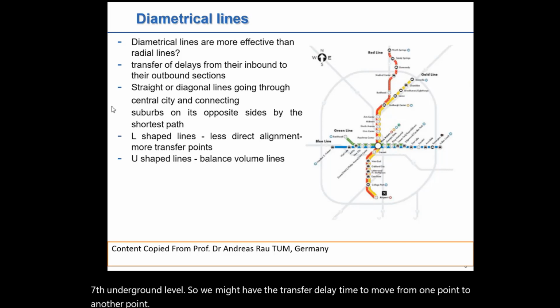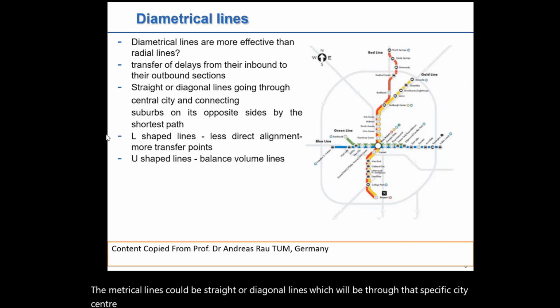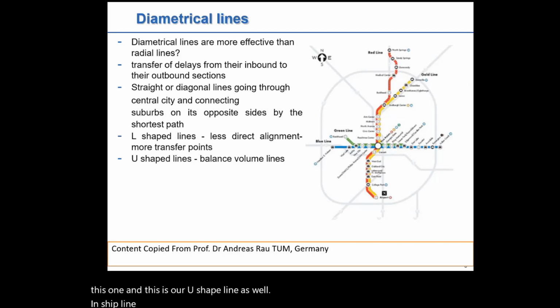Diametrical lines could be straight or diagonal lines, which will go through that specific city center. And we can also come up with the L-shaped. So this is our L-shaped line, you can see here, this one, and this is our U-shaped line as well. L-shaped lines usually provide a less direct alignment, but provide more transfer points with other metro lines.